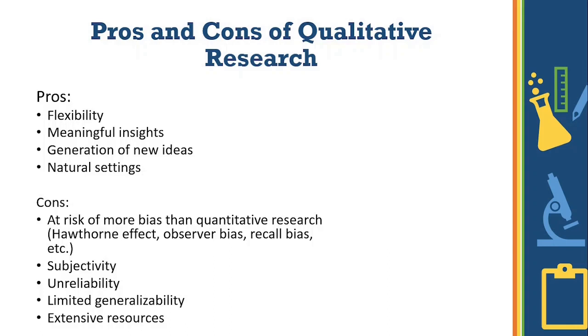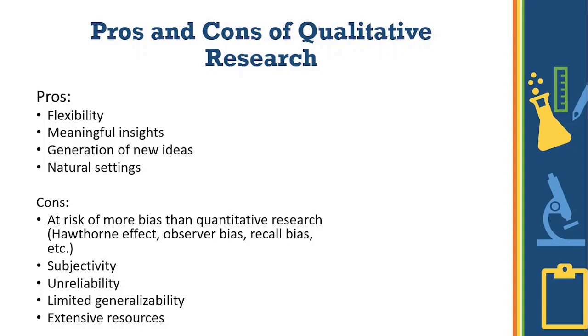And the next one is subjectivity, which is that the research analysis is subjective, and it's dependent again on the interpretation of the researcher. Both subjectivity and unreliability, and even limited generalizability, these three cons actually break the conditions of scientific research.